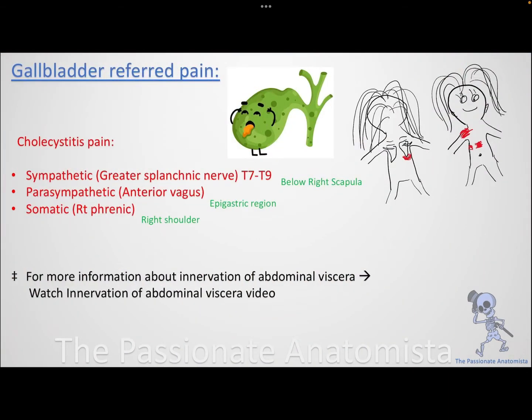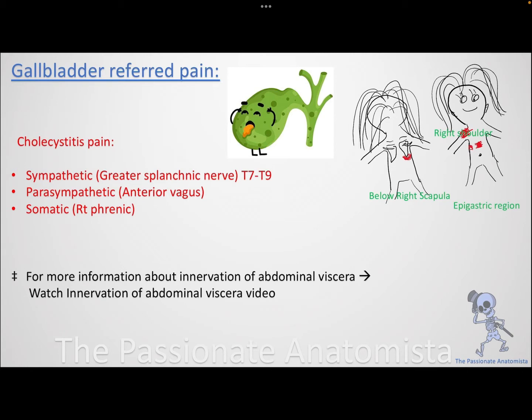Moving on, it's important to know the referred pain of the gallbladder. If a patient has cholecystitis pain, I would expect to see that pain radiating to below the right scapula, around the epigastric region, and in the right shoulder. The reason is that the gallbladder gets sympathetic innervation from the greater splanchnic nerve, T7 to T9.